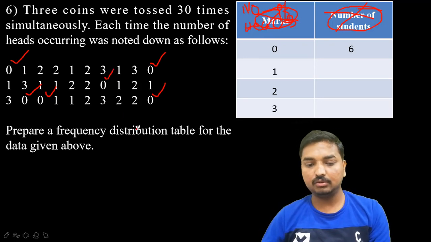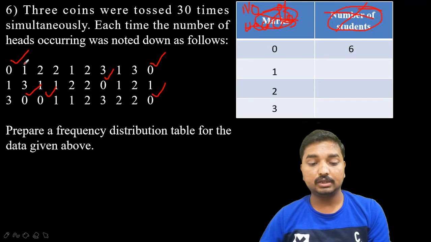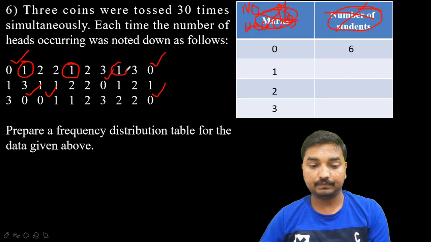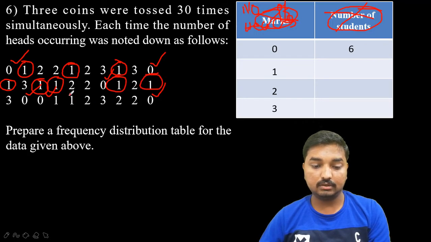In the same sense, you need to count how many ones are there here, meaning how many times 1 had appeared. So here it is 1, here it is 1, 2, and here 3, and here 4, and here 5, 6, and here it is 7, 8, and 9, and here it is 10.